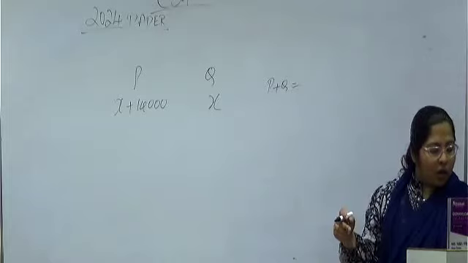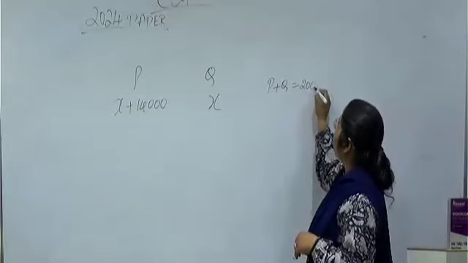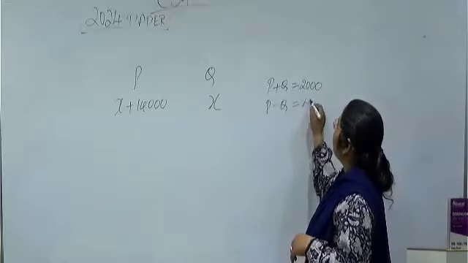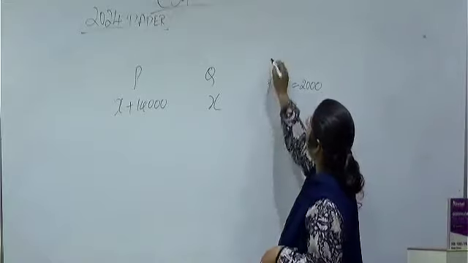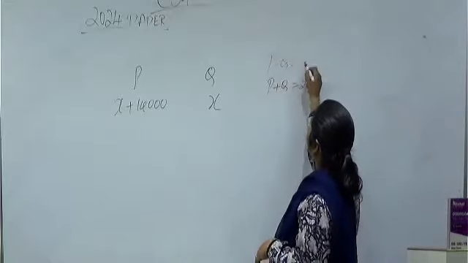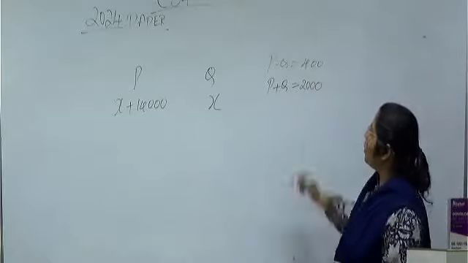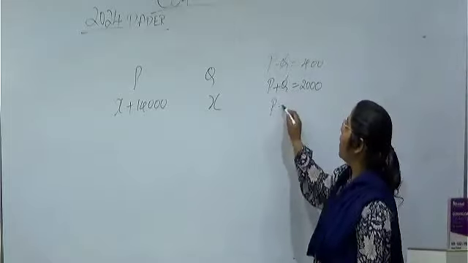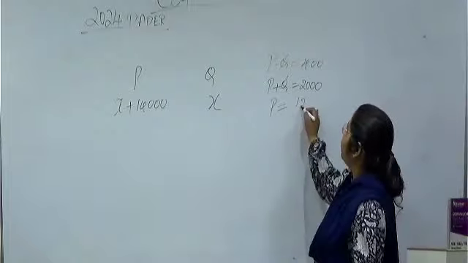P minus Q is how much? 400. Is it not correct? The profit difference is 400 and the total profit is 2,000. You will get some value from this. Cancel Q, you will get P. What is the P value? 1,200.